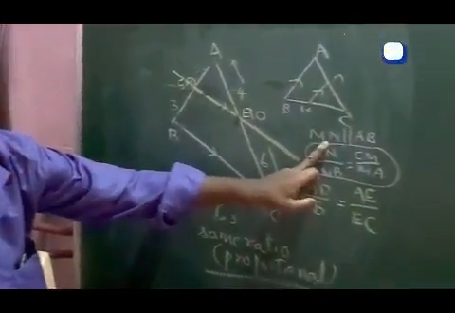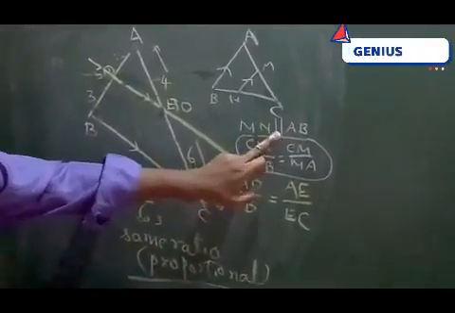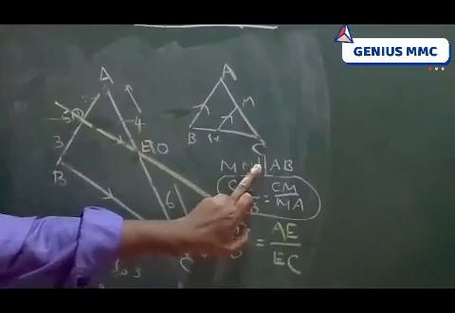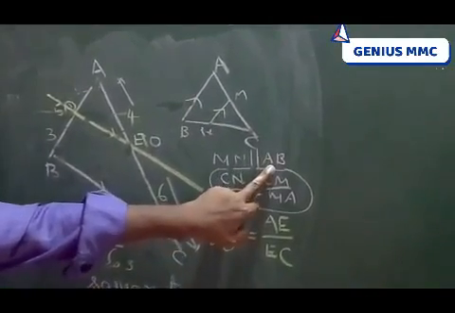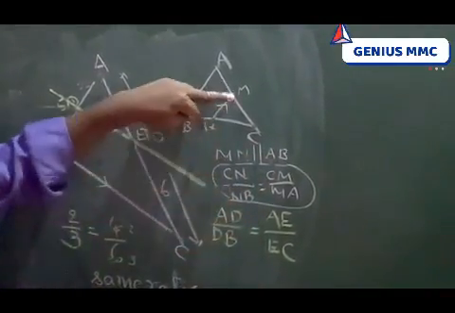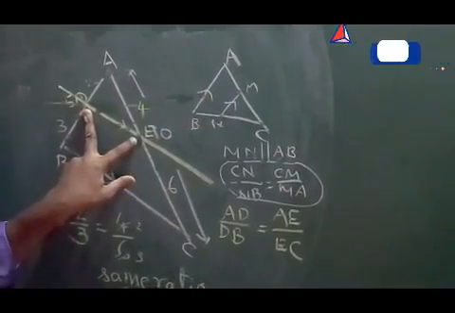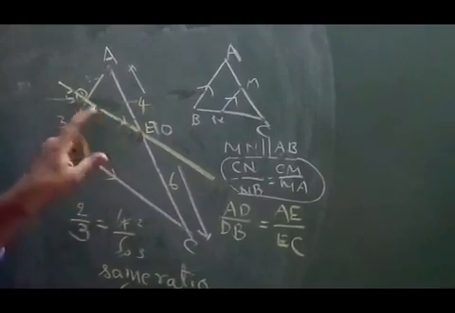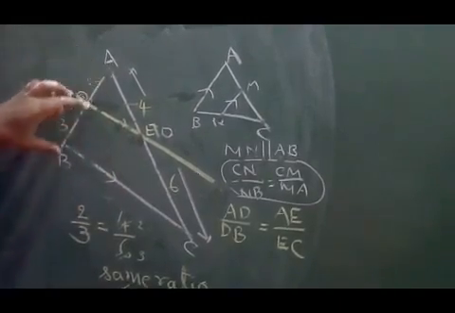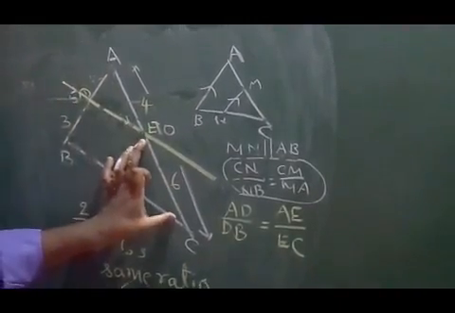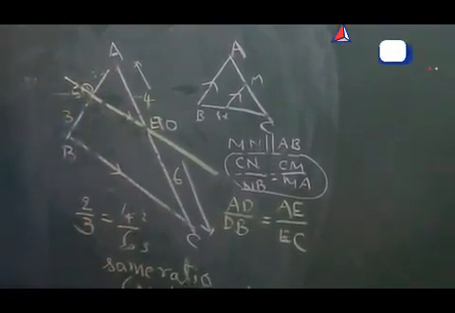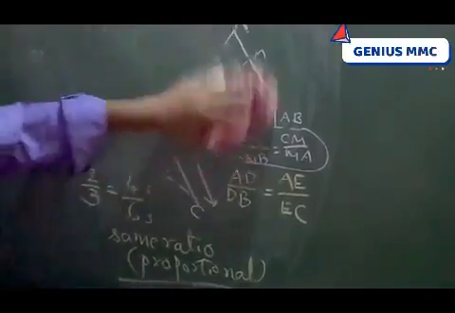If a line is drawn parallel to one side of a triangle and intersects the other two sides at distinct points, then the line divides the other 2 sides in the same ratio. That is called proportion. I'll write once again this statement.